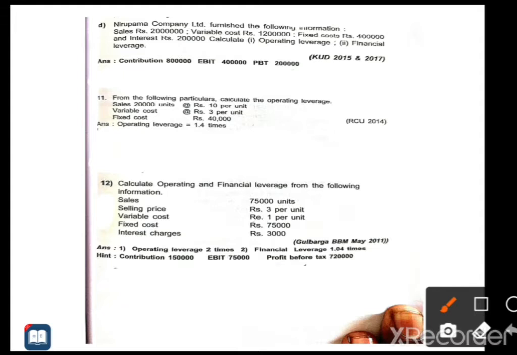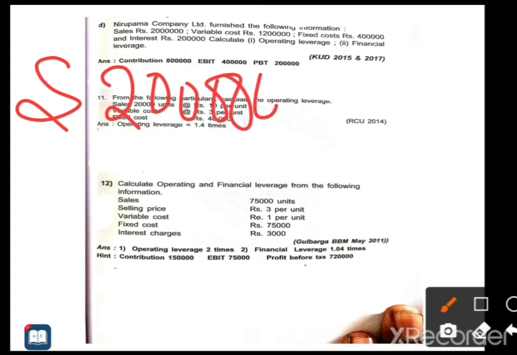First, we take sales. How much? Sales given in the problem is rupees 20 lakh. Next, minus variable cost. The variable cost is 12 lakh.